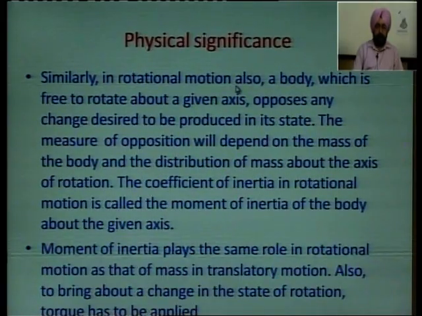So in rotational motion also, a body which is free to rotate about a given axis opposes any change desired to be produced in its state. The measure of opposition depends upon the mass of the body and distribution of mass.